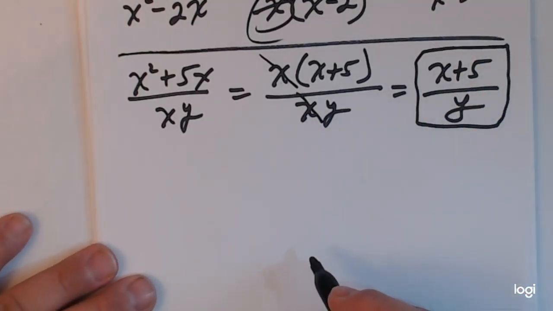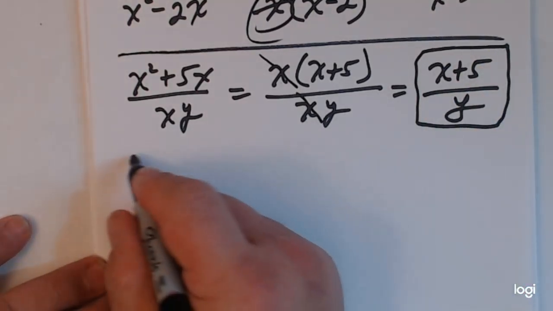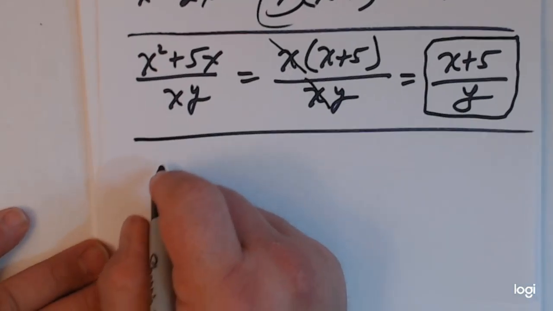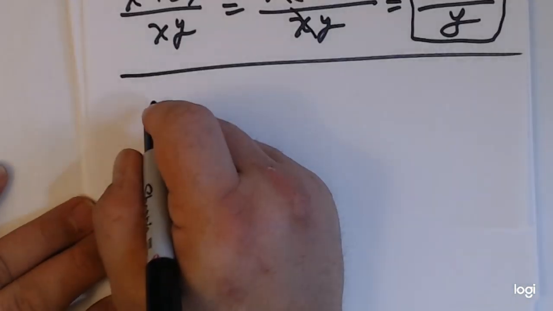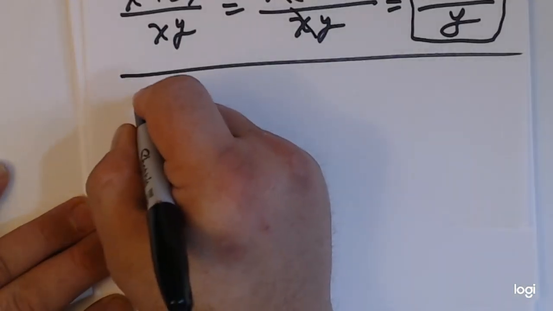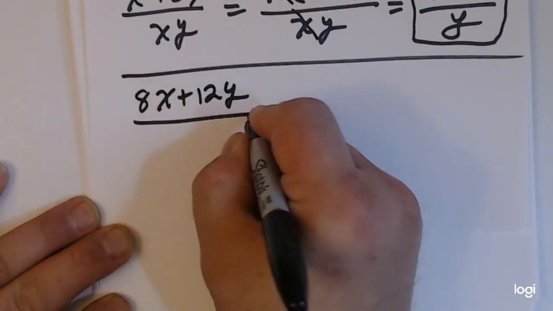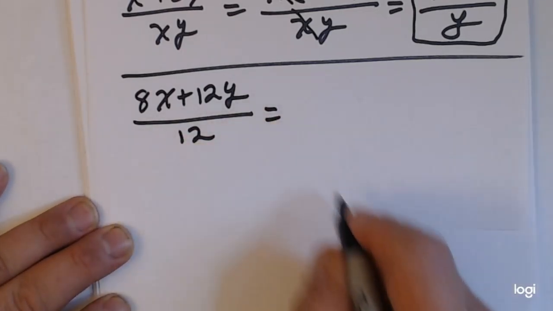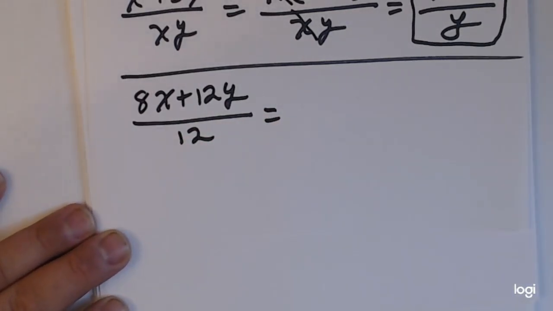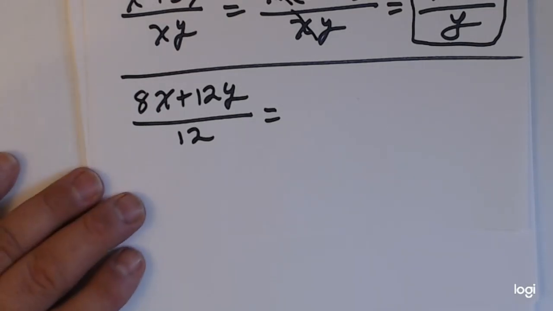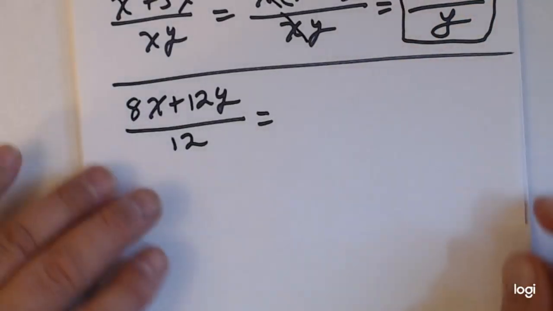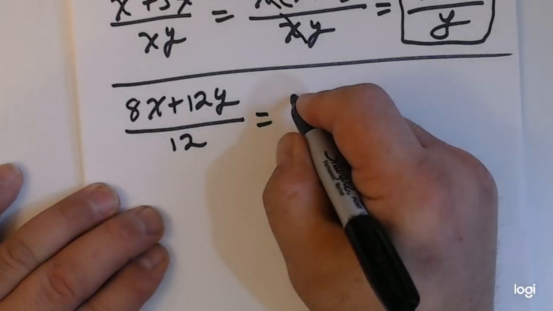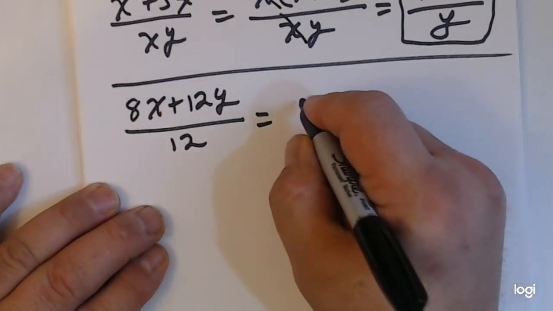Let's do one more here. So we've got 8x plus 12y over 12. In the numerator, the greatest common factor that we've got there is a 4. We can't do anything with the x and the y.